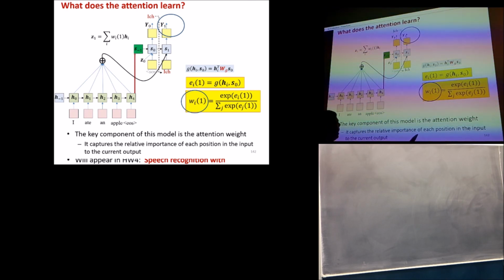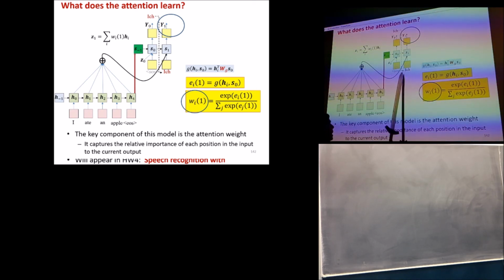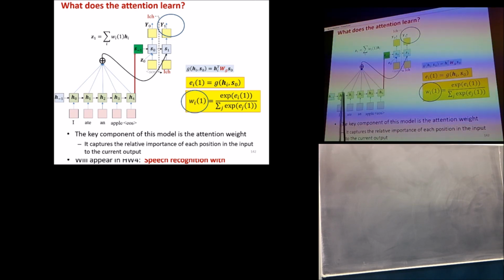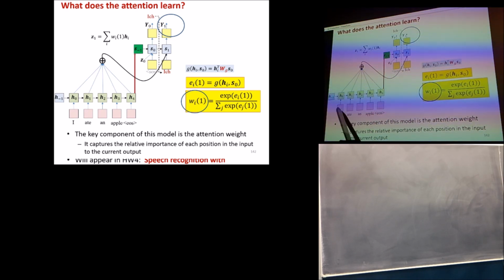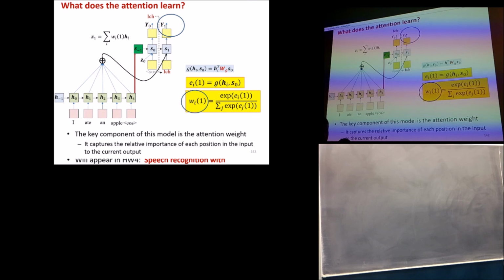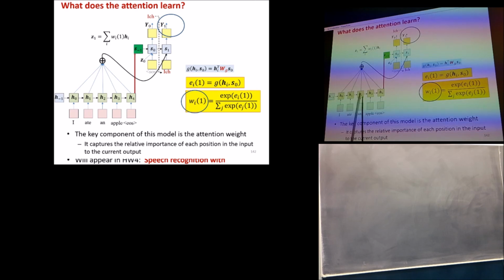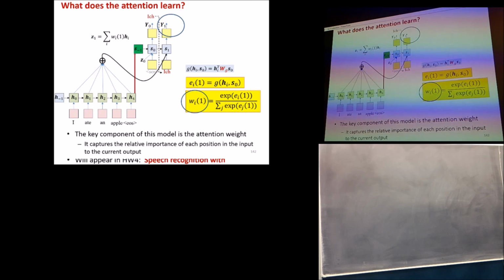And clearly, if the algorithm is working properly, then in producing the word over here, the network must automatically learn which of these hidden representations to focus on. And that hidden representation, in turn, depends on the word at that time. So it must automatically figure out that, for example, if the word out here is harbor, harbor is most dependent on the word 8. And so when producing the word y1, you would expect the weight to be higher out here and lower in other locations.